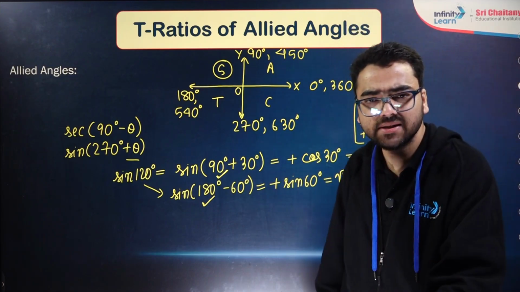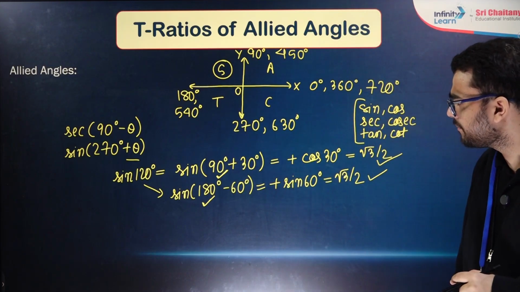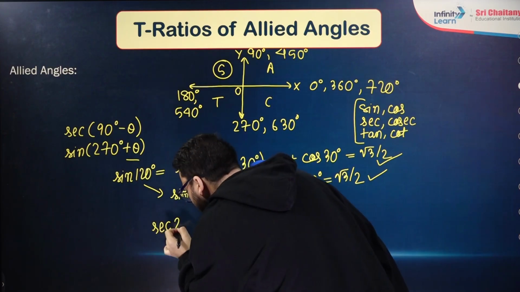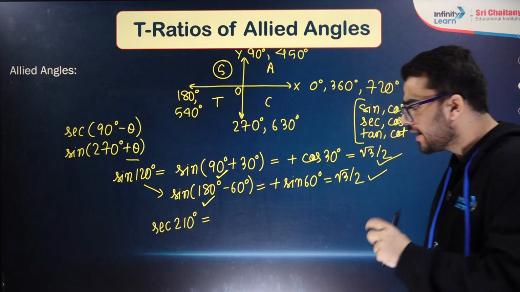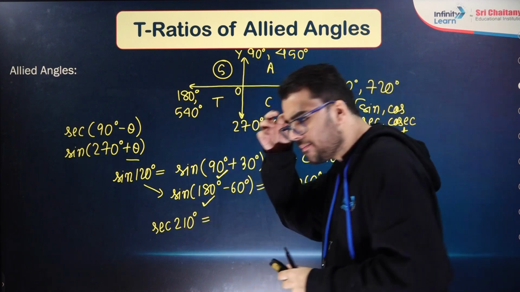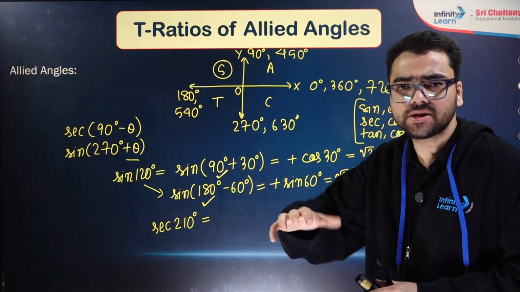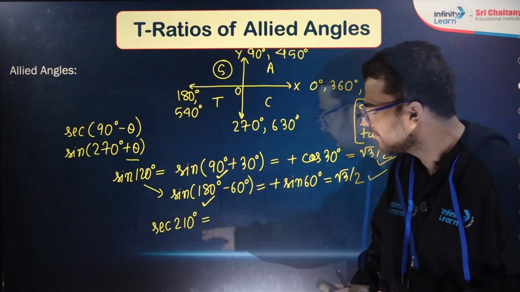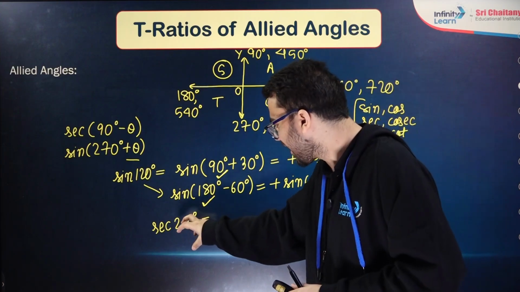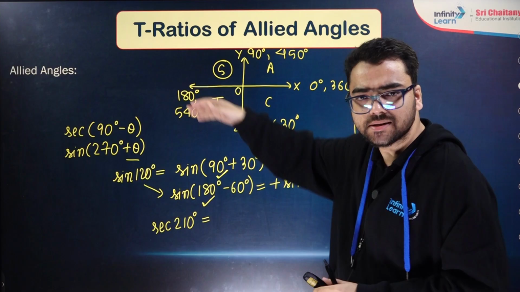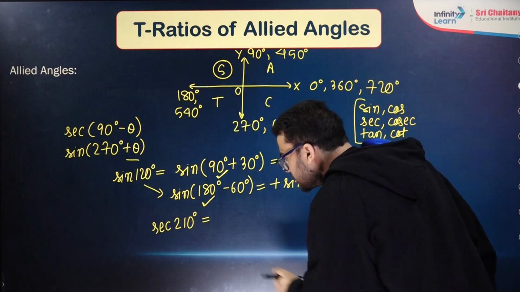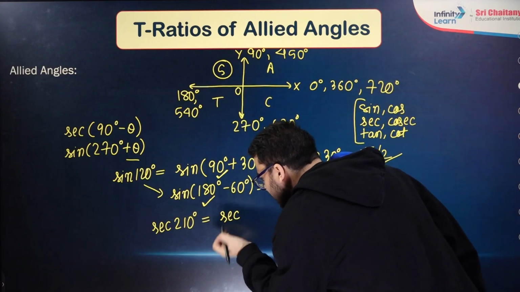So I'll take some other example over here. For example, I take sec 210 degrees. Correct? Now what will I do? Again, I'm saying write the angle. Maybe you can do it in your mind as well. I'm just explaining, therefore I'm writing everything. Write the angle around either the vertical axis or the horizontal axis. So if you have 210 degrees over here, we can write it like this.